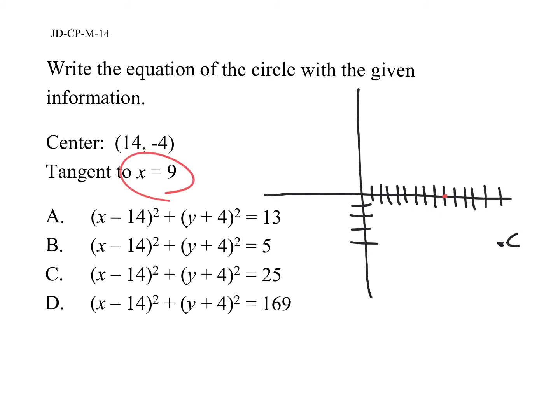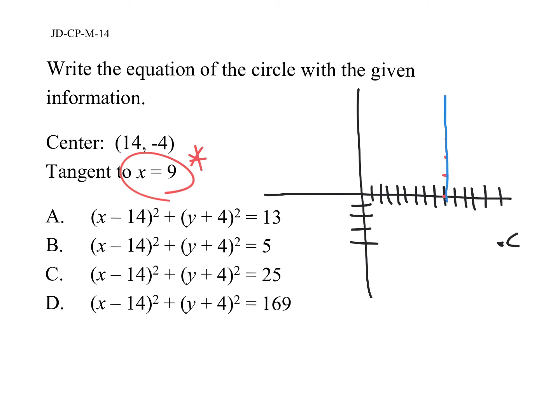It's easy to get confused on what is what, but if you just think about it, x equals or y equals, they're always either vertical or horizontal lines. They're actually opposite of what you might think. X equals 9 actually is going to be a vertical line. So here's the point 9, 0. Another point, if you go above that, would be 9, 1, 9, 2, whatever.